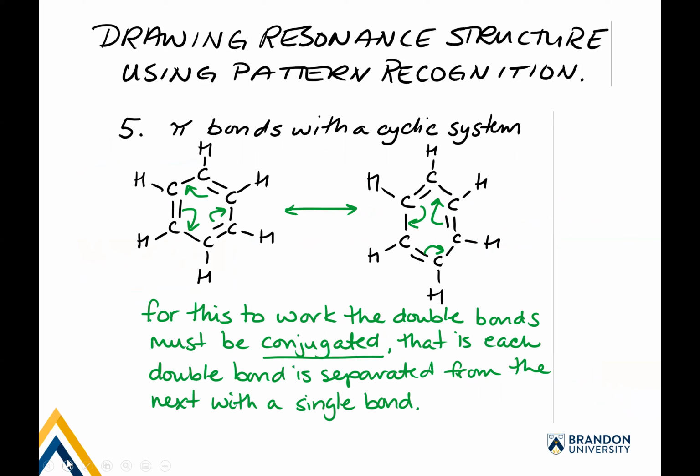And then if you've got a cyclic system with a series of pi bonds within it, you can move these pi bonds around the ring. Benzene is the classic example of this, and it's probably the very first molecule in Gen Chem we talked about resonance with. These bonds are constantly moving around the ring. In this case, you'll notice you've got 3 pi bonds on this side and 3 pi bonds on this side.